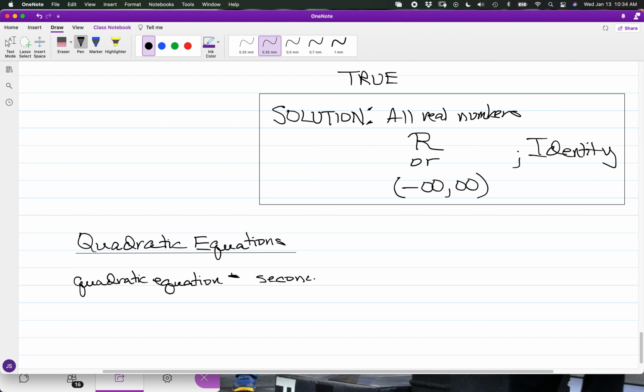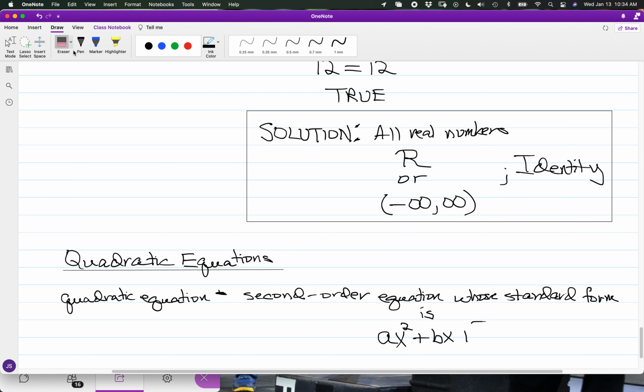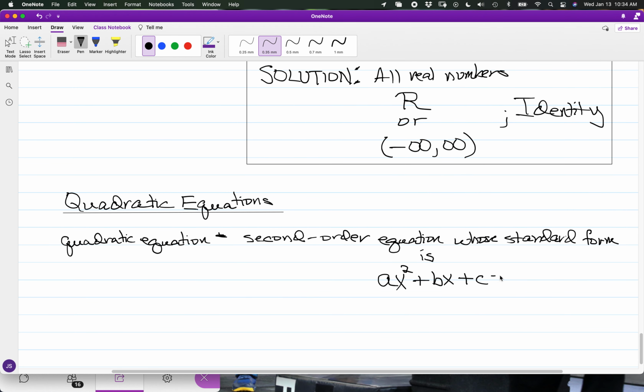we're going to have a second order equation whose standard form is, in terms of the letter x, ax squared plus bx plus c is equal to 0, whereupon a cannot be equal to 0.